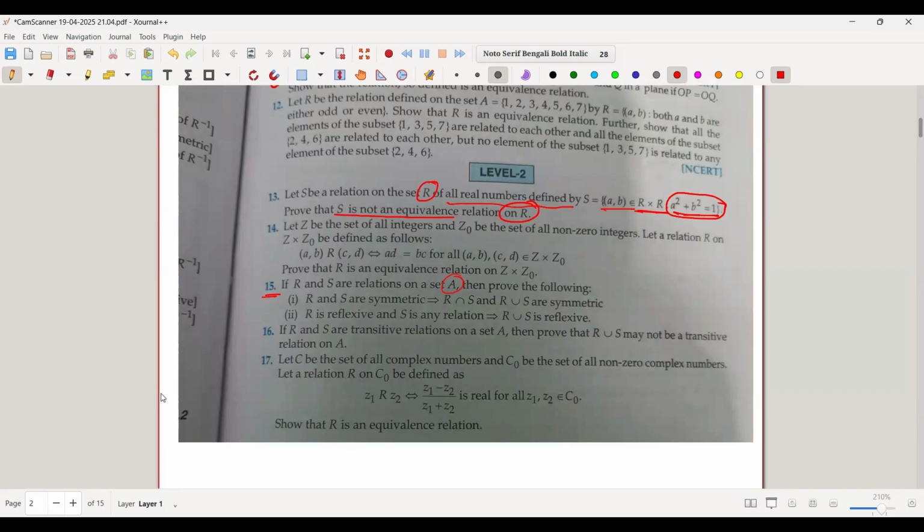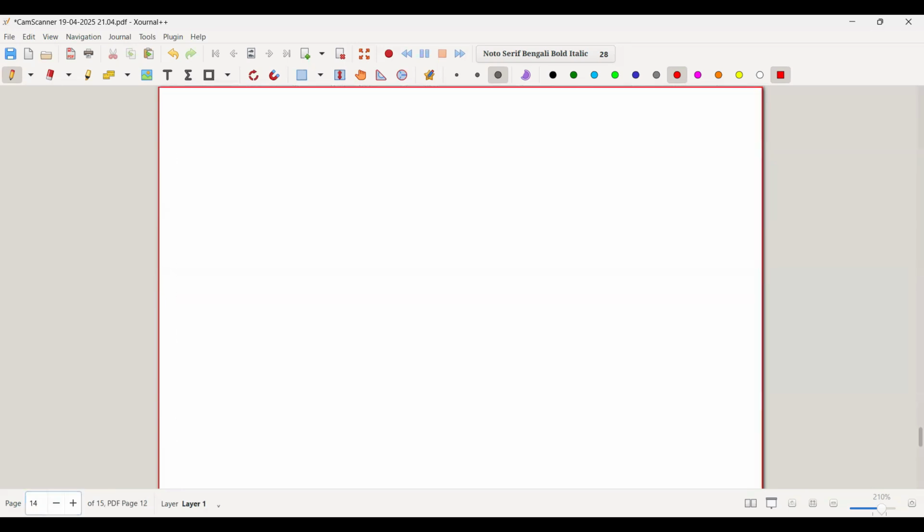That implies R union S is reflexive. This is also very easy.